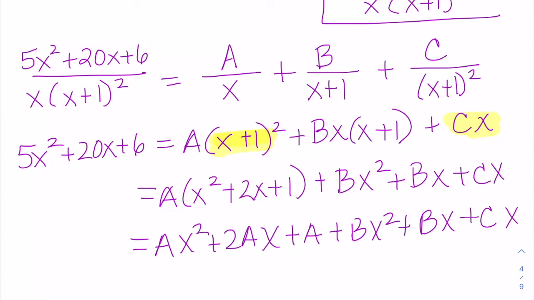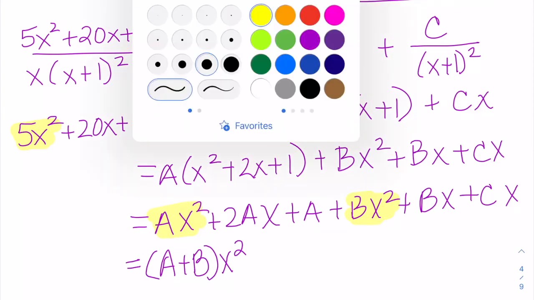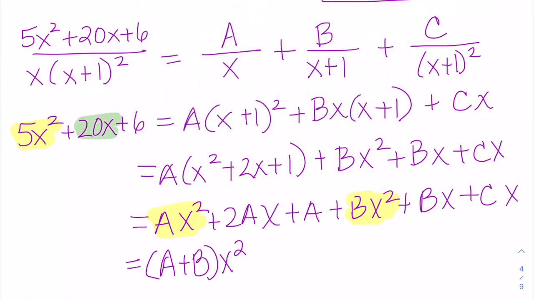So in this problem, we have a 5 that's in front of the x squareds, and you can see there is going to be an ax squared and a bx squared. So I'm going to put those together. So (a plus b) x squared. And then for the x's, we know this is 20x.